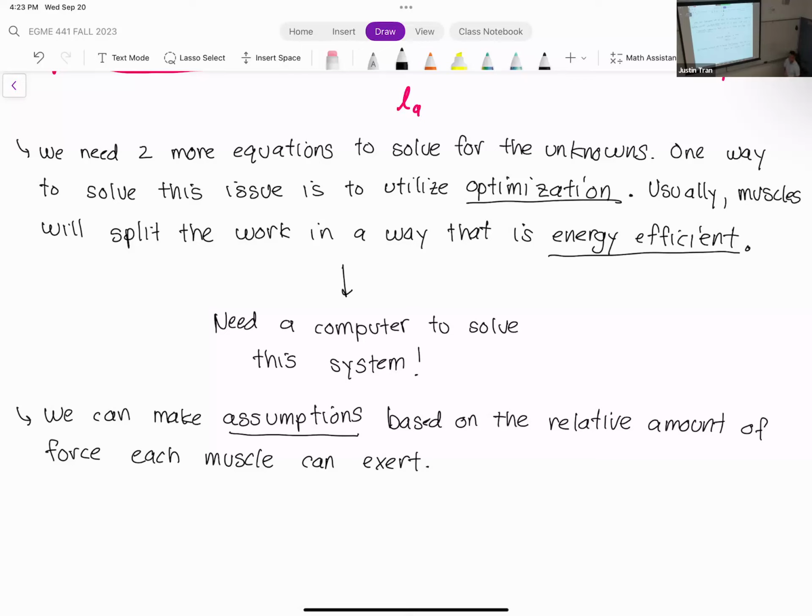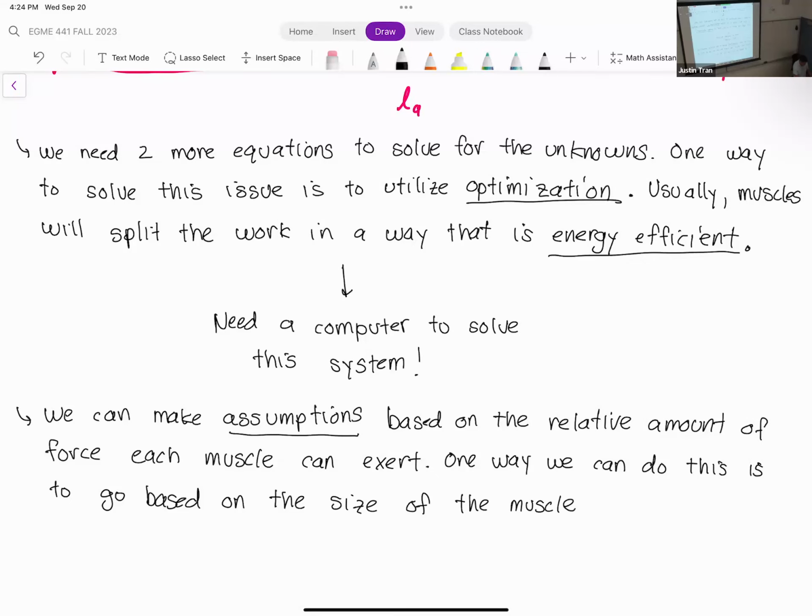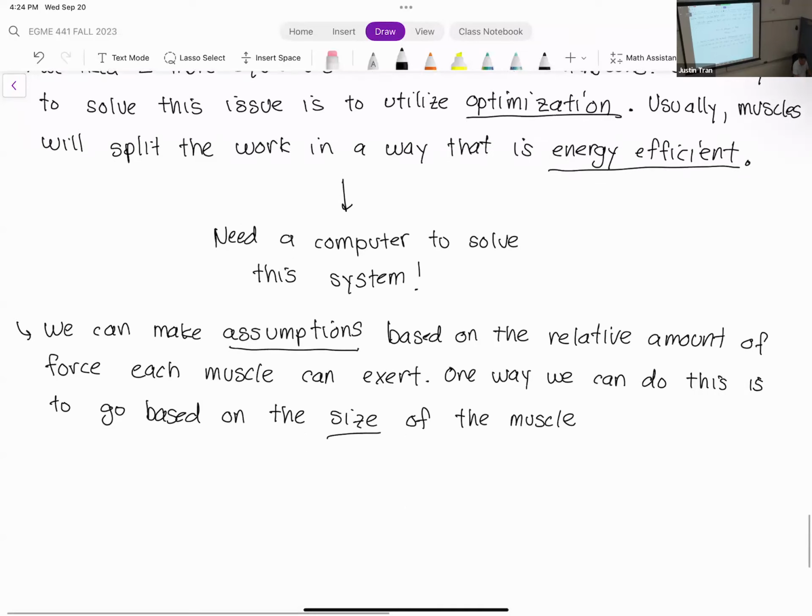There are lots of ways that we can do this, but I think the easiest way is just to go based purely on the size of the muscle. In particular, we're going to look at the cross-sectional area of the muscle.